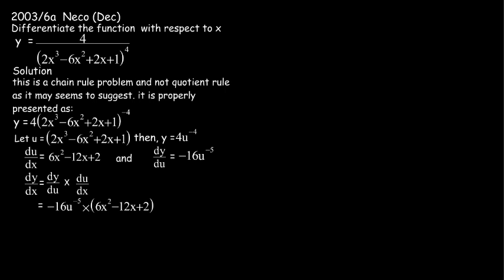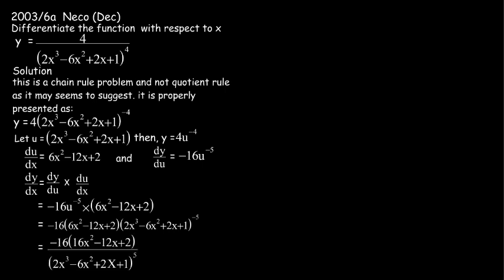Doing so, our equation becomes minus 16 in bracket 6s squared minus 12s plus 2 close bracket, then in bracket again 2s cubed minus 6s squared plus 2s plus 1 raised to the power of minus 5. Removing our negative indices, dy over ds will be equal to minus 16 in bracket 6s squared minus 12s plus 2 divided by, in bracket, 2s cubed minus 6s squared plus 2s plus 1 raised to the power of 5.